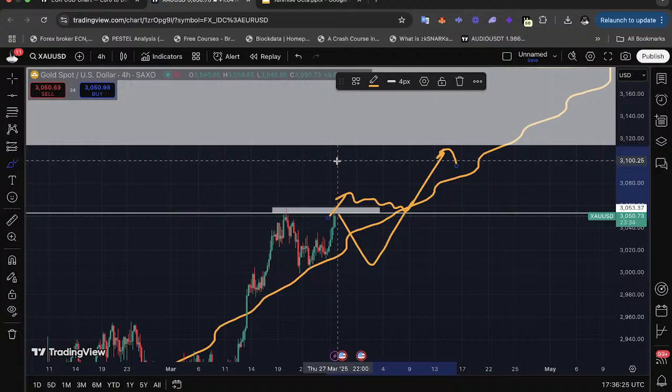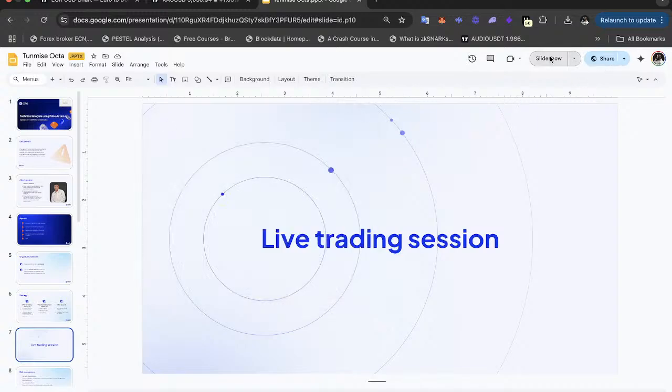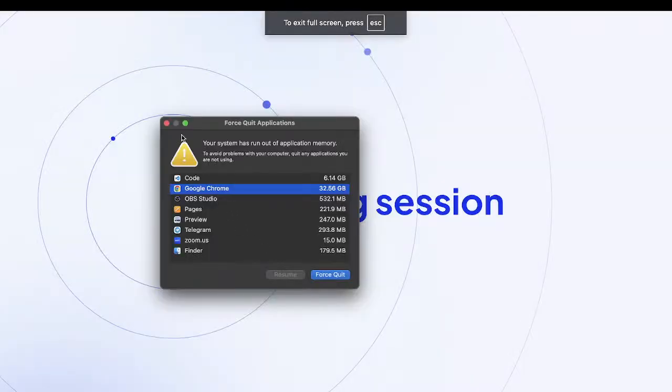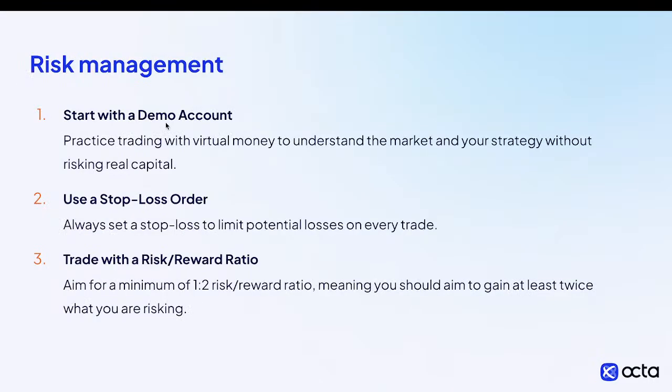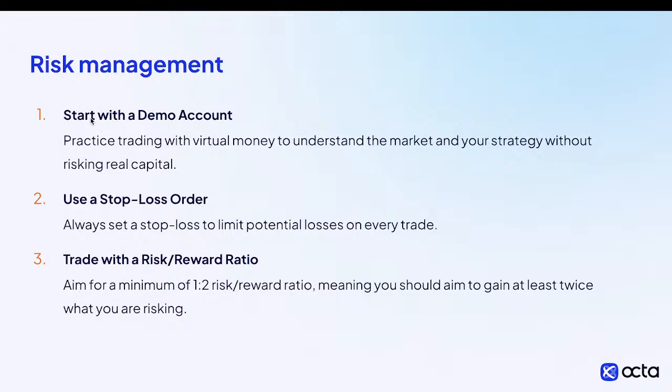So we have come to the end of today's live session. Quickly, I'm going to run you through risk management, which should be a core part of our analysis as traders. There are a few things you must do. Number one, start with a demo account if you are very new to the space, so that you can have a grasp of how to navigate the market. Also use a stop loss.